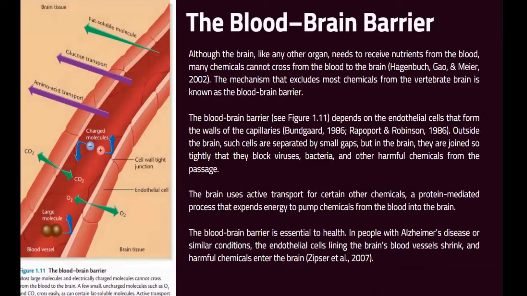Although the brain, like any other organ, needs to receive nutrients from the blood, many chemicals cannot cross from the blood to the brain. The mechanism that excludes most chemicals from the vertebrate brain is known as the blood-brain barrier. Before we examine how it works, let's consider why we need it.